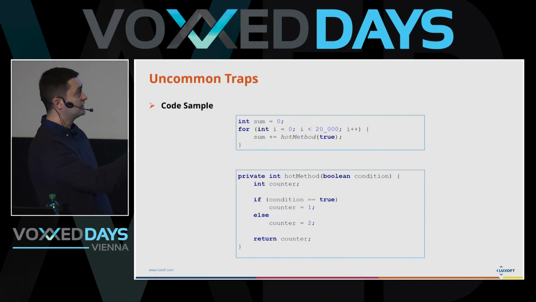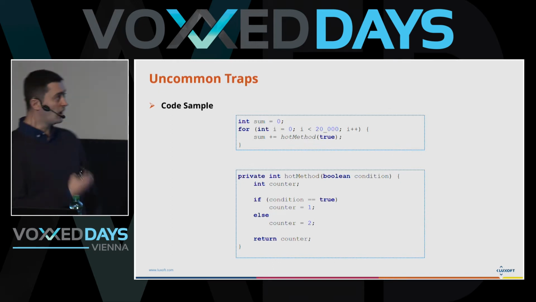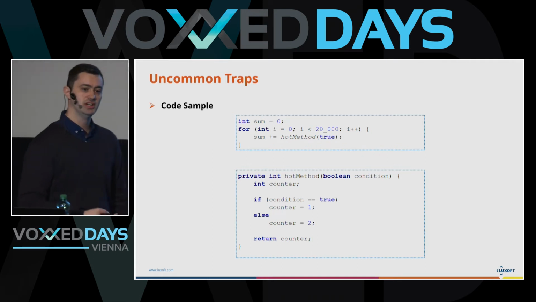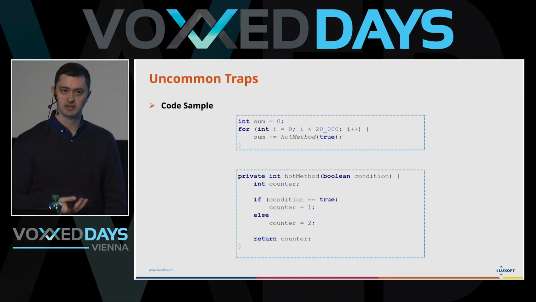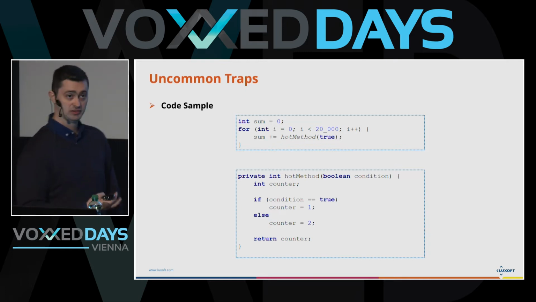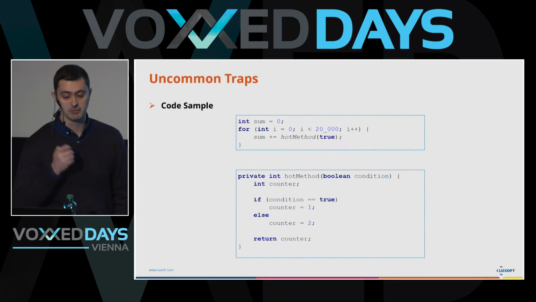The hot method receives a boolean, and based on it, if it is true, it returns 1. Otherwise, it returns 0, and returns the counter. Why did I choose 20k iterations? Because I wanted to be sure it reaches the C2, the second level, and to benefit from the best optimizations during the runtime.